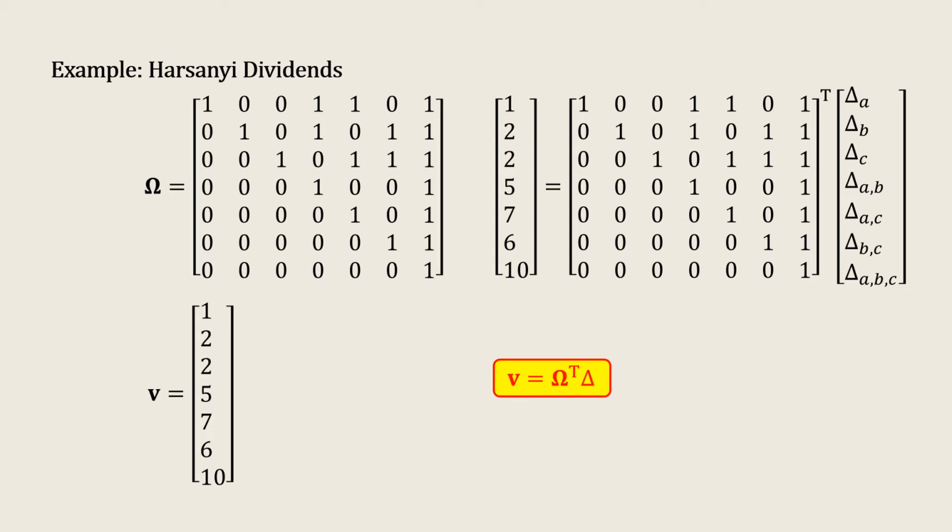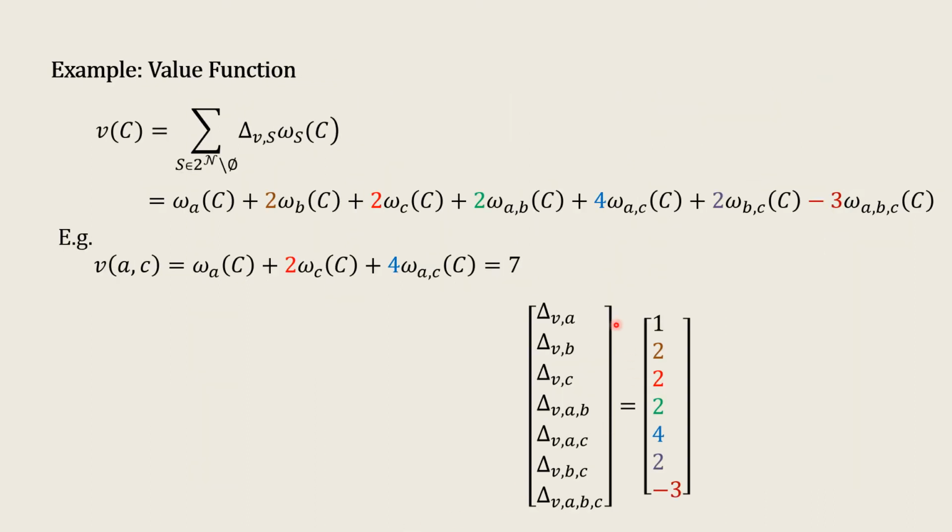Don't ignore this little transpose here. This is omega transpose and this is my vector of deltas, the Harsanyi dividends. Solving for delta, I get these values for each delta.